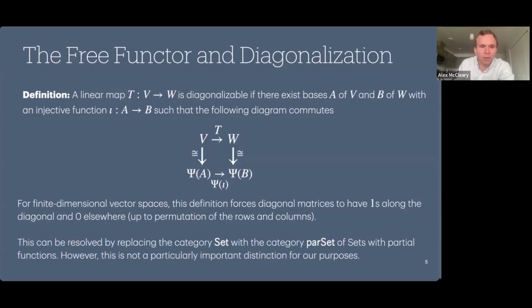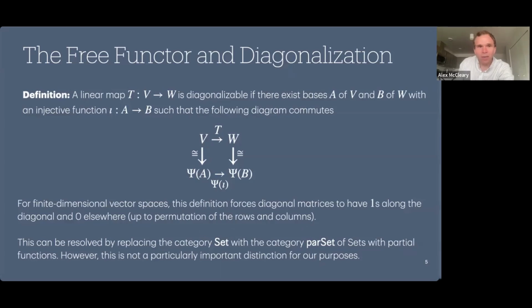I will say, if you want to fix this and really make this definition truly agree with the finite dimensional definition for matrices, you can replace the category of sets, which is where our bases lie, with the category of sets with partial set functions. That way you can allow a basis element to map to zero, essentially, by just not defining the function on that element.